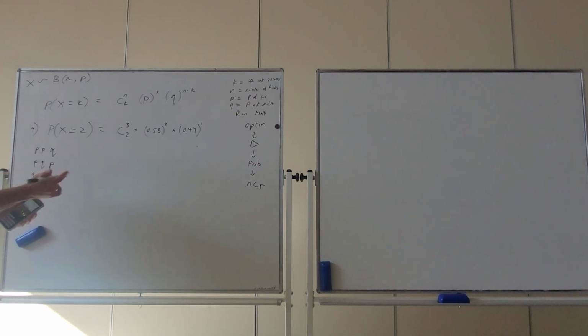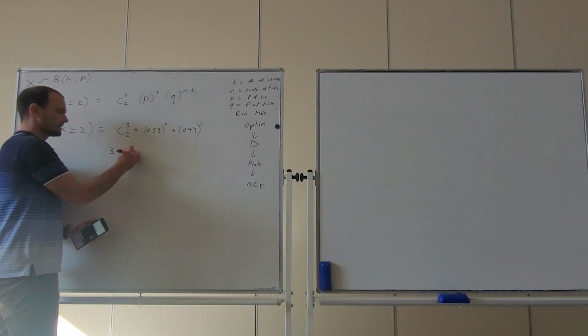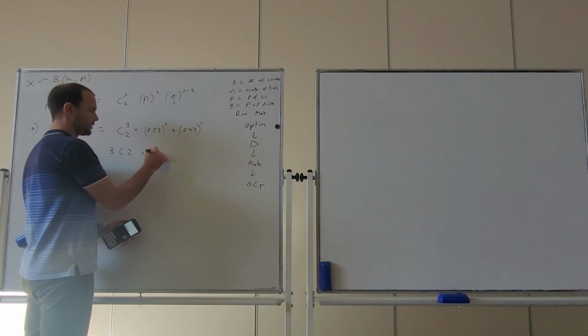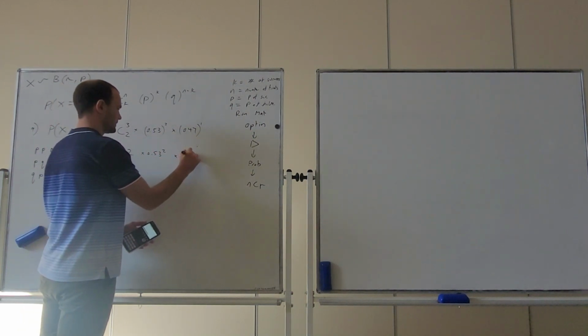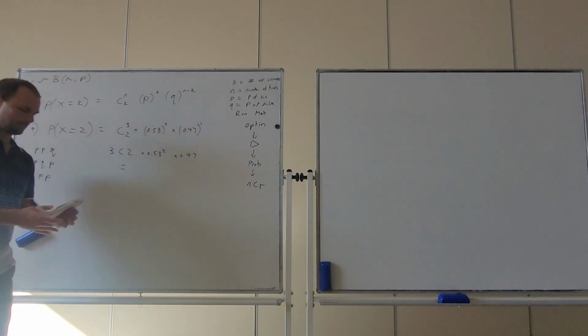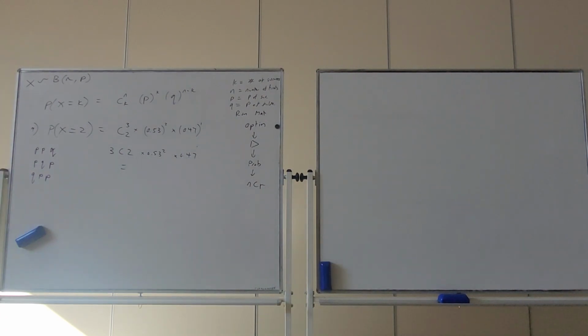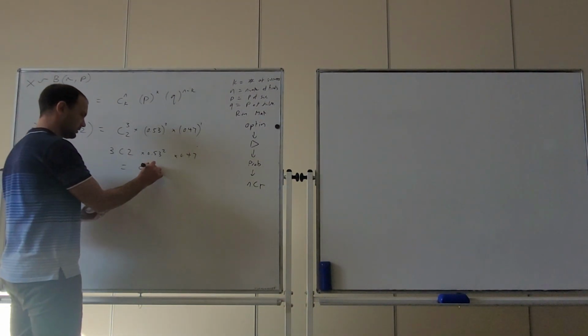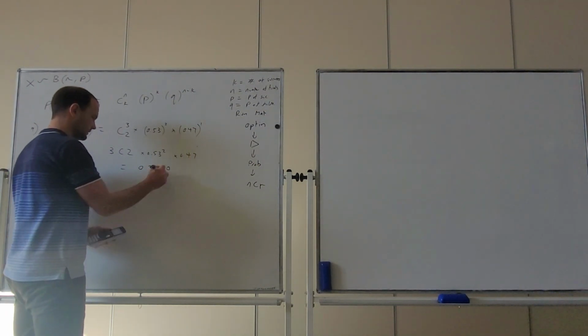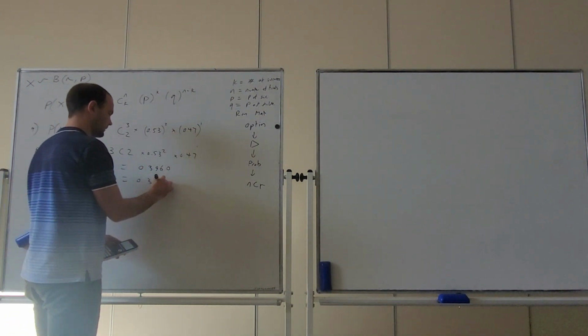So the way you would write this in your calculator is 3C2 times 0.53 squared times 0.47. That's what we're going to evaluate for the first one. I've got 0.396.